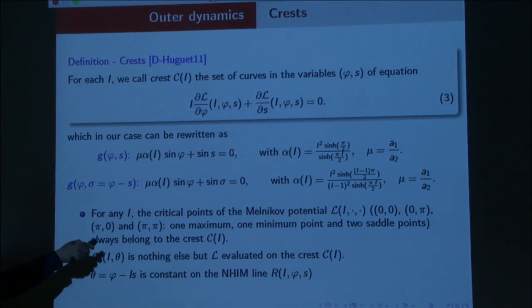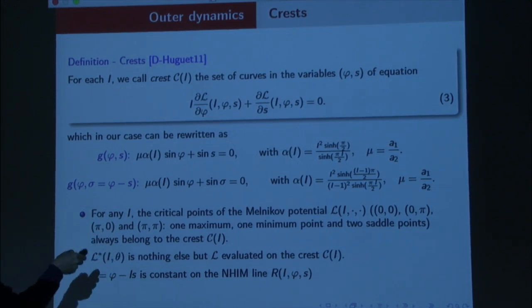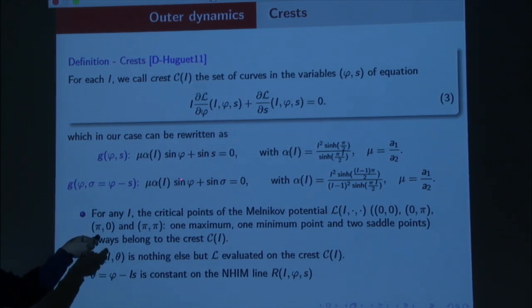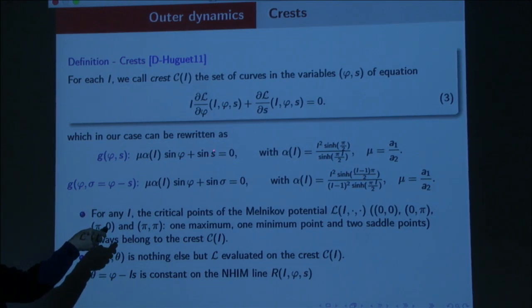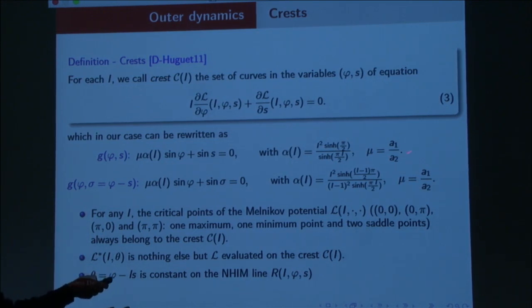So when you want to solve this, you can solve, for instance, sine of S as a function of sine of phi if this is smaller than 1, or if this is greater than 1, you pass this to the other side. And when we draw this, we will speak about horizontal or vertical crests, and this will depend on whether S can be isolated as a function of phi, or on the contrary, phi can be isolated as a function of S. But this only depends on the value of this mu alpha I. I recall that mu was simply the quotient of the coefficients, and alpha of I has this expression. So all this is totally computable.